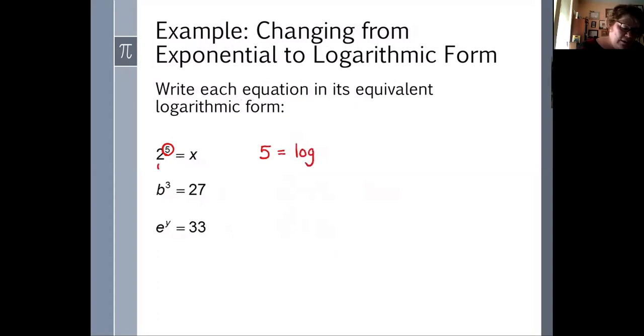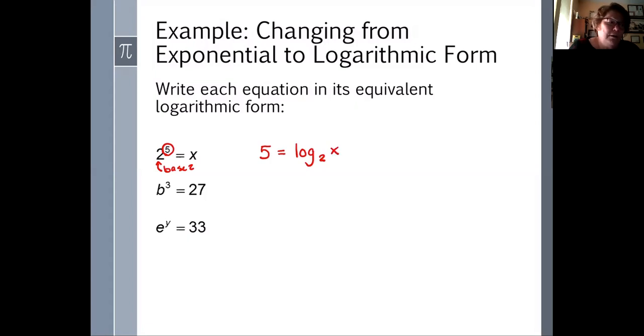My base is 2, base 2, and that is a subscript. So it's to the right and slightly below the logarithmic text, the log. And that's going to be of x.